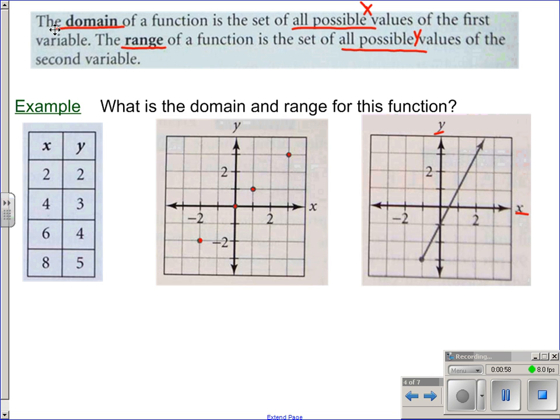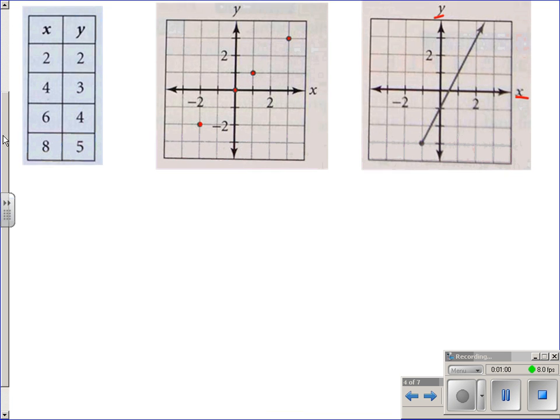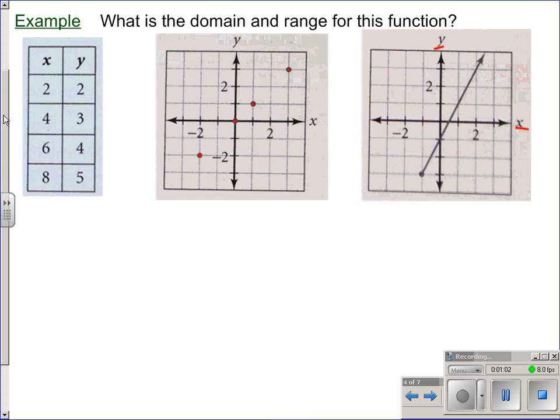So now looking at this example here, got a couple different pictures. Looking at the chart here on the left, the domain. We can usually just put a capital D, colon, and then in this kind of thing, we just have a bunch of points. And so what we're going to do is write a set of numbers. And we put this squiggly bracket, I don't know what it's called, but what are our x values?